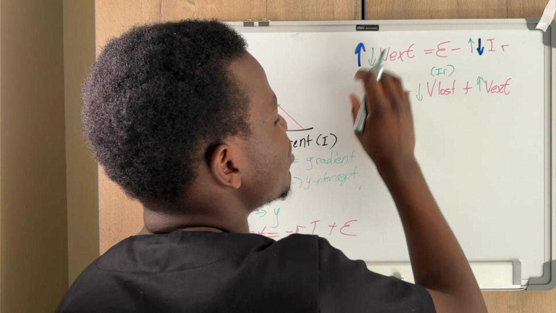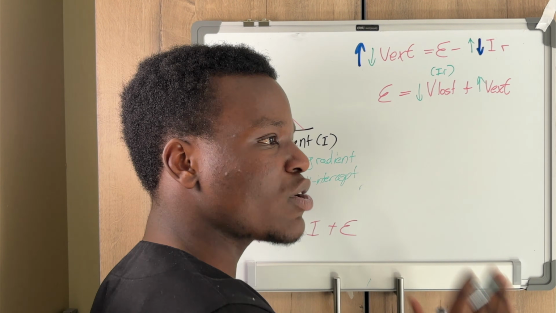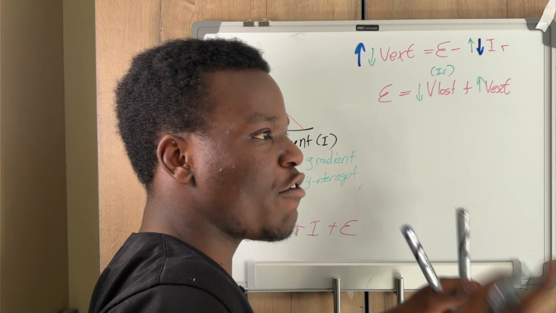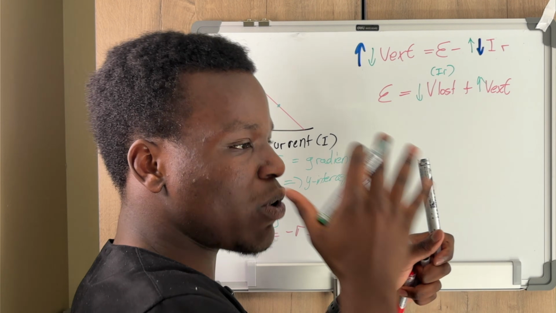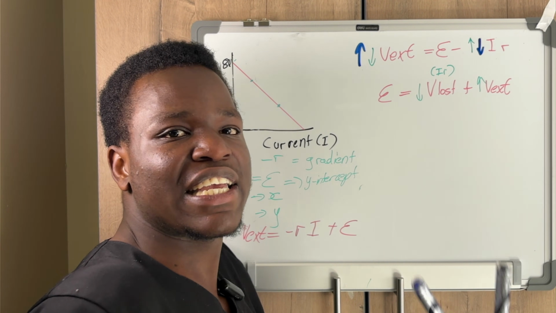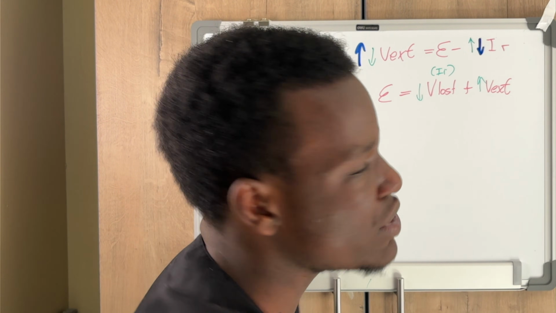Because what? Because they are sharing the same EMF. Because what is the V lost? V lost is the energy or voltage of a battery used to overcome internal resistance. So there is some voltage which is taken inside the cell before it goes out to the V external.